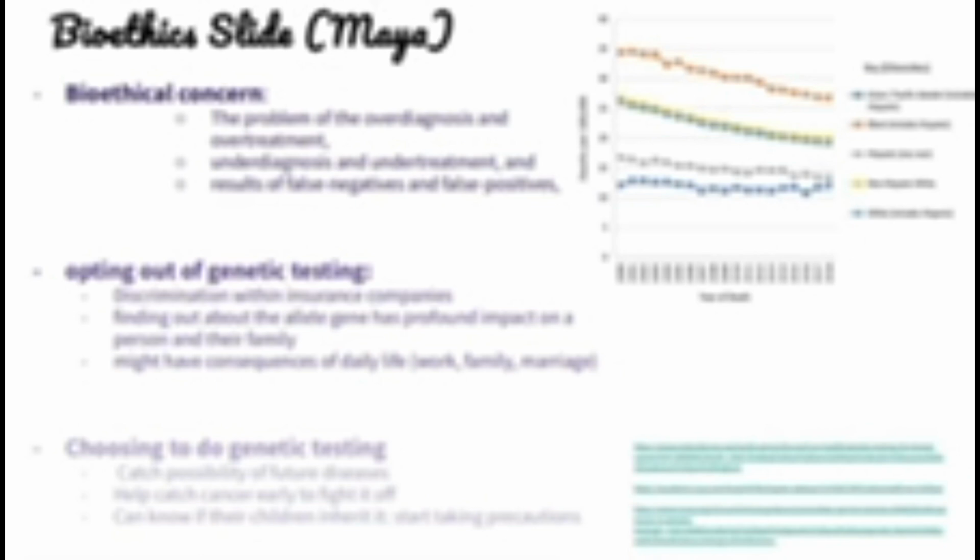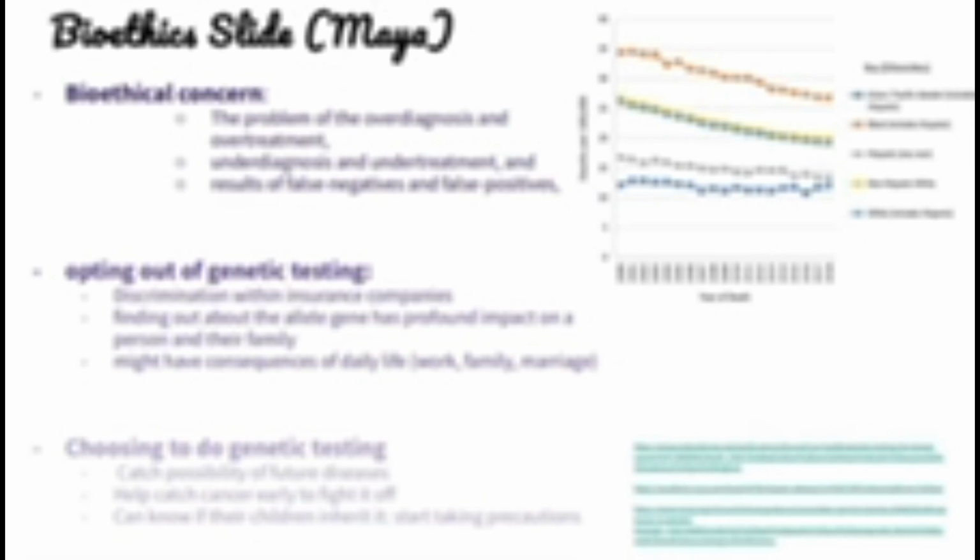You could face discrimination at work. Families may fall apart, and it may cause feelings of depression within families as well. And in marriages, your partner may not want to stay with you if they think they have to deal with that. So these are definitely big bioethical concerns with genetic testing.